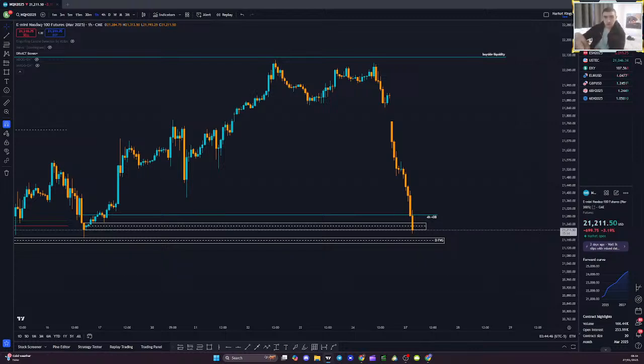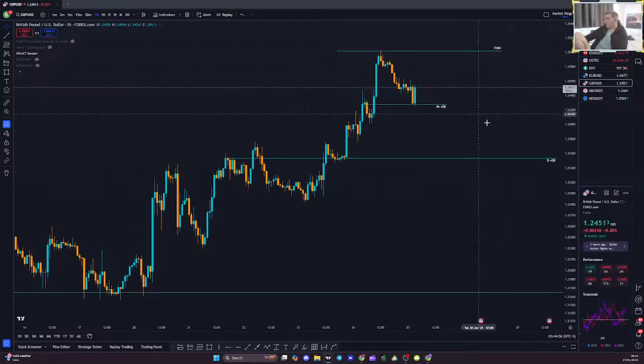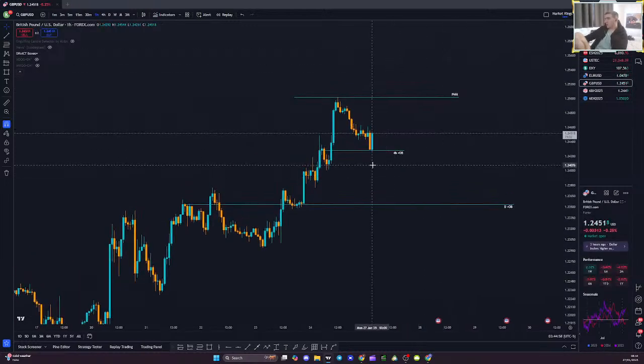See how we close, and then can make a decision. But for now, currencies just seem a bit better.